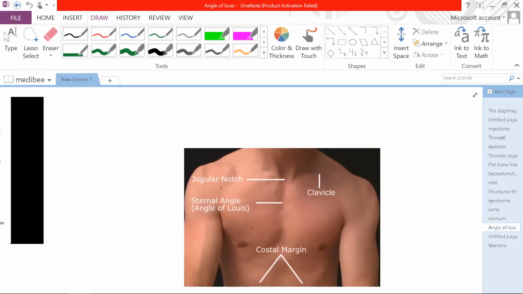It is subcutaneous, and when you go for a bone marrow aspiration, you will essentially not hurt any other structure. This is why the sternum is a bone of choice for bone marrow aspiration.